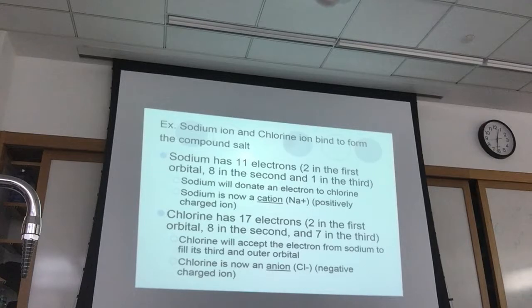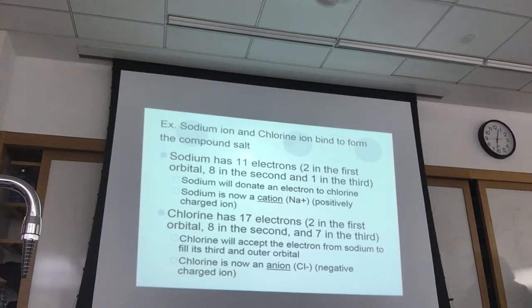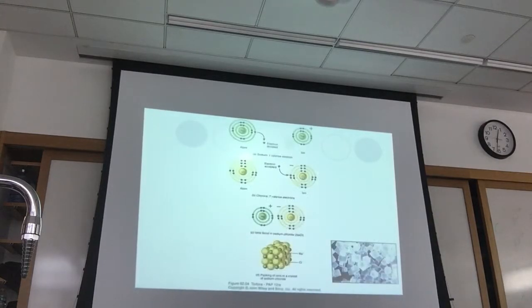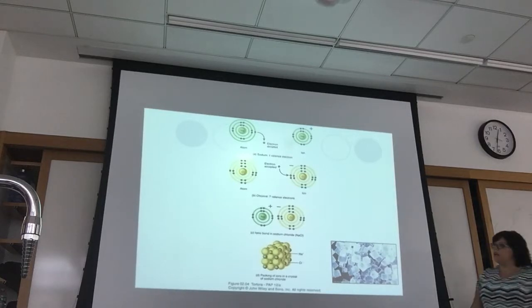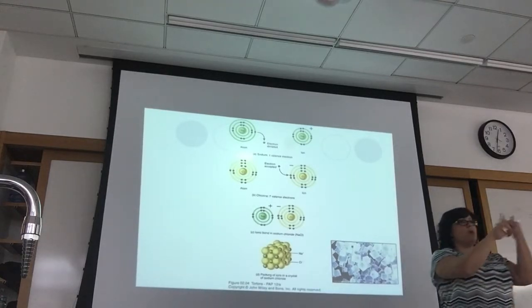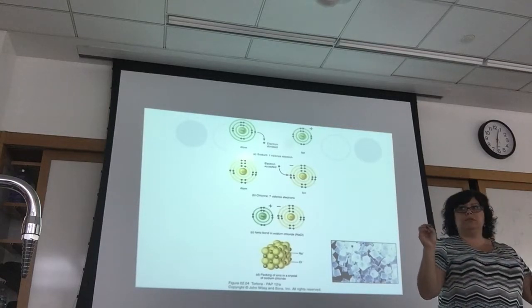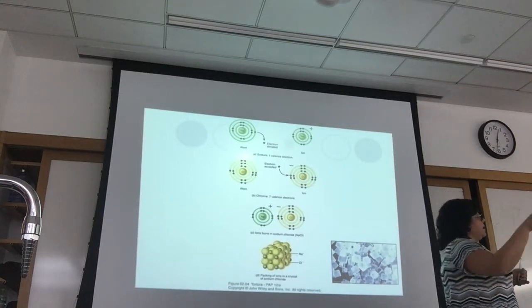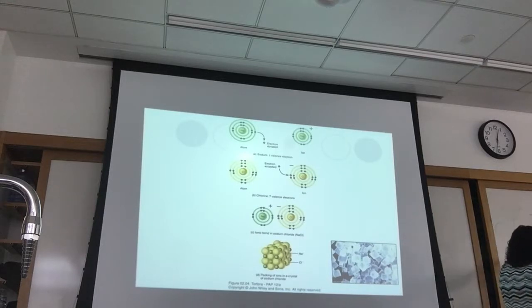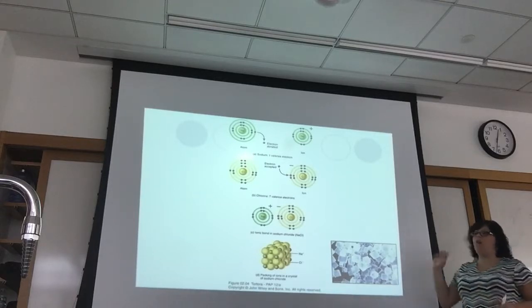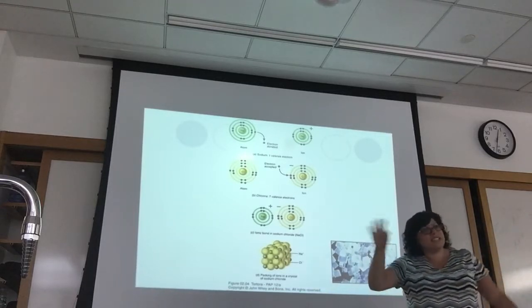So let's look at ionic bonding. We already saw covalent a little bit, so let's look at ionic. Isotopes were one of those exceptions to the atom rule, where the protons equal the electrons equal the atomic number, and we could calculate the number of neutrons. Isotopes were a different scenario. Ions are also an exception to the rule.